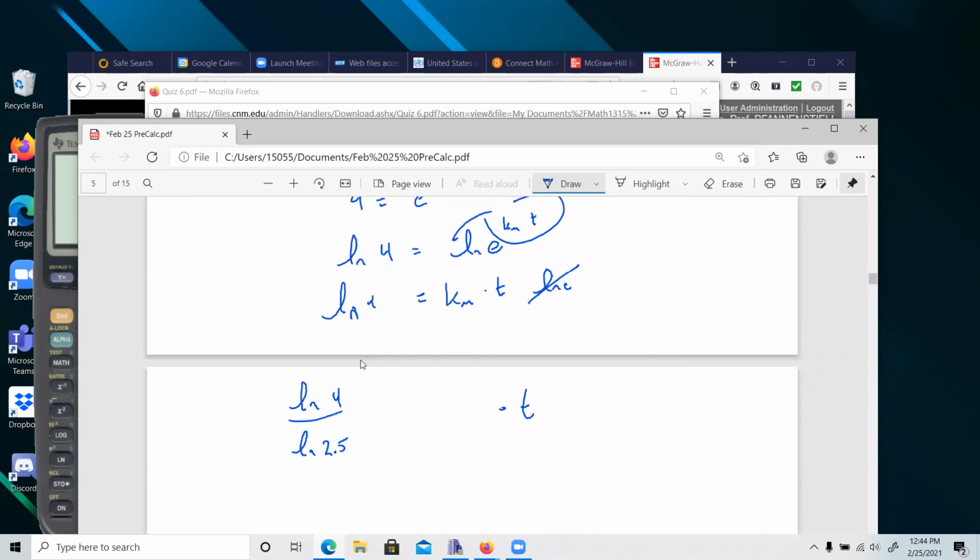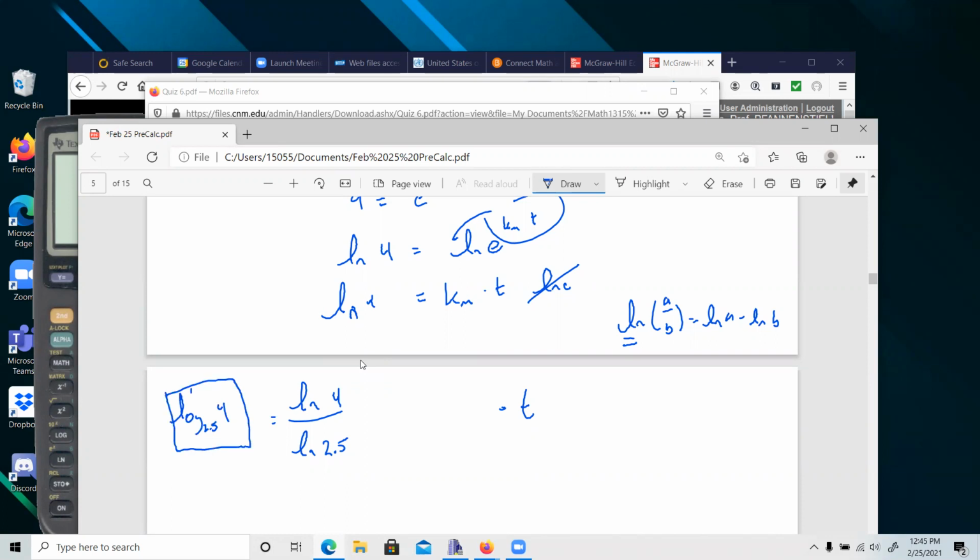Now remember, this is called the change of base formula. It is not the division formula. The division formula says natural log of a over b is equal to the natural log of a minus the natural log of b, only one natural log on that side. So don't look at this and say, oh, I can take that and subtract. No, you can't. You have to divide this. Or what you can do is say this is the log base 2.5 of 4, which I'm sure is not going to be a fun thing to figure out.